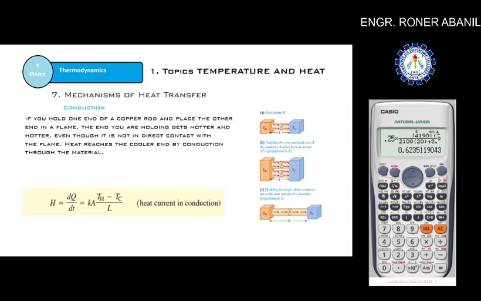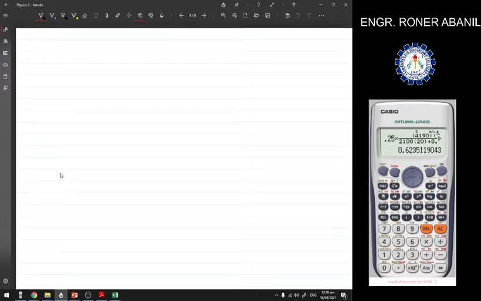So, sabi kasi dito, di ba meron tayong rod, itong end na to is hinawakan mo. Pangit talaga ng drawing ni sir. Kunwari, ganyan. Tapos, ito is nilagay mo sa flame. Ngayon, dadaloy dito yung init. So, paano yon? So, figure out natin siya dito sa loob ng copper rod. So, sa atomic level tayo. So, kunwari, ito yung nucleus natin.